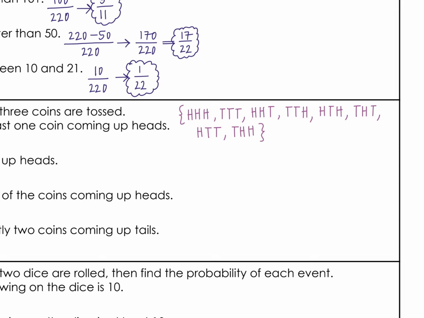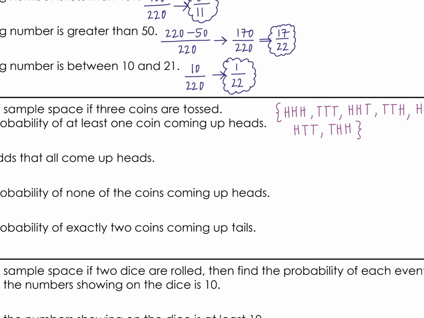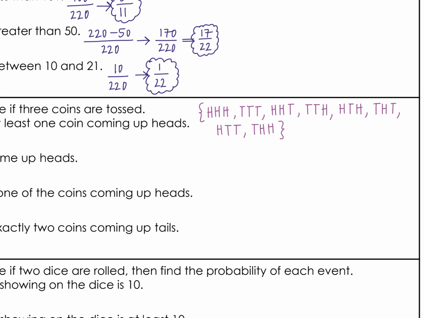All right, so then looking at it, we would have for part A, find the probability of at least 1 coin coming up as heads. So with at least 1 coin coming up as heads, we could have 1, 2, 3, 4, 5, 6, 7 ways that happens.